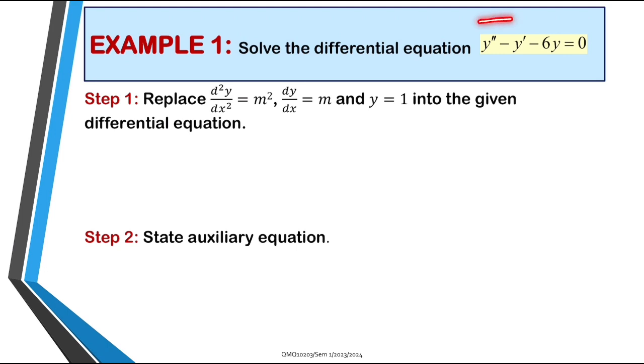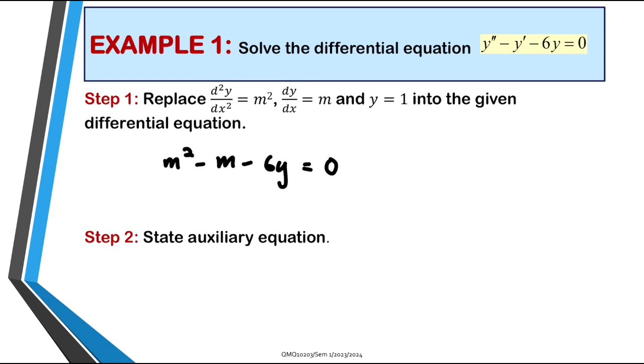So now we are going to change this equation into the auxiliary equation. So we will have m squared minus m minus 6 equal to 0.